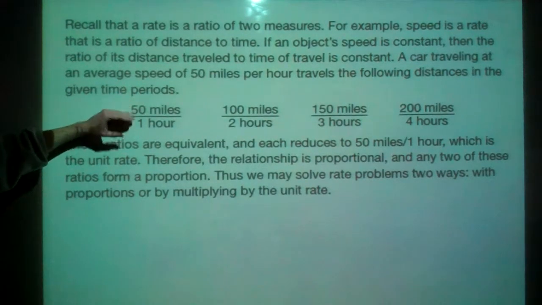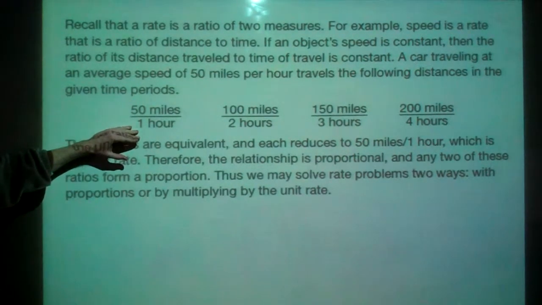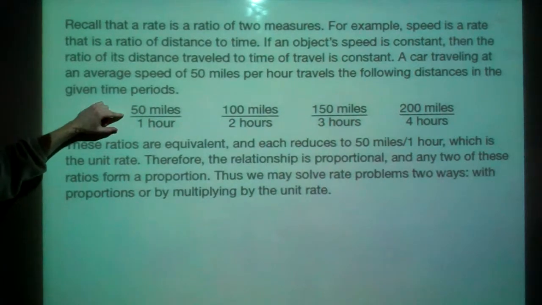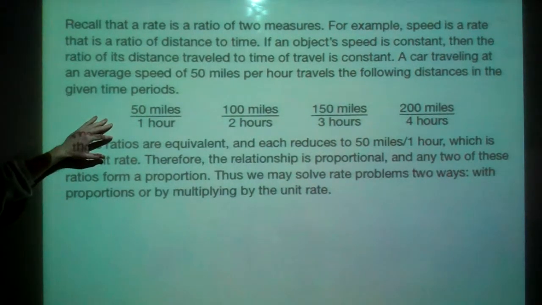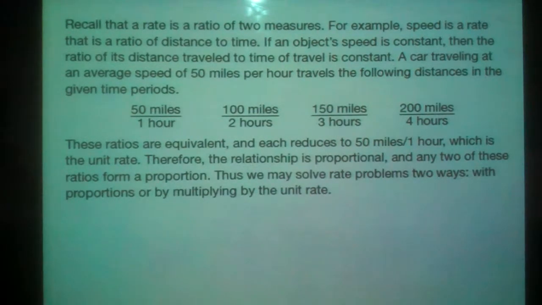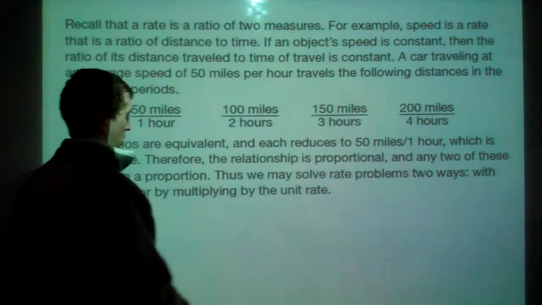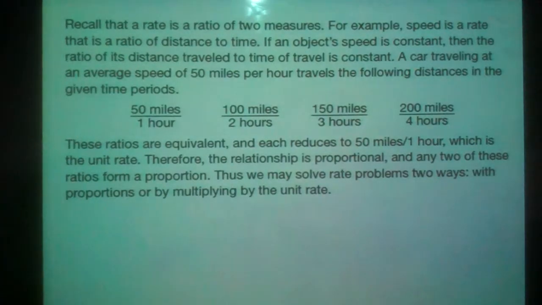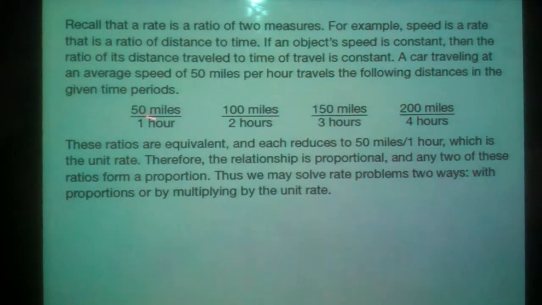How far you're going to go per 1 hour, or how many miles you get per gallon, how much you get paid per hour. So that's the unit rate. We've brought that up before, and today we're going to say that all of these are proportional because they all reduce down to this unit rate.